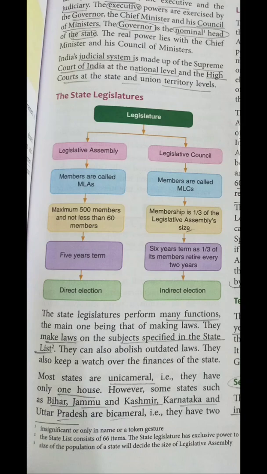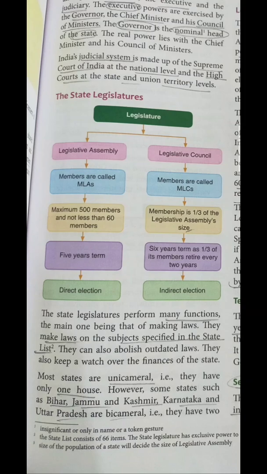After 2 years, one third of the members of the legislative council retire, but the term of the state legislative council is 6 years. Direct election was there for the legislative assembly. People directly choose their MLAs, but for the legislative councils, indirect election takes place.